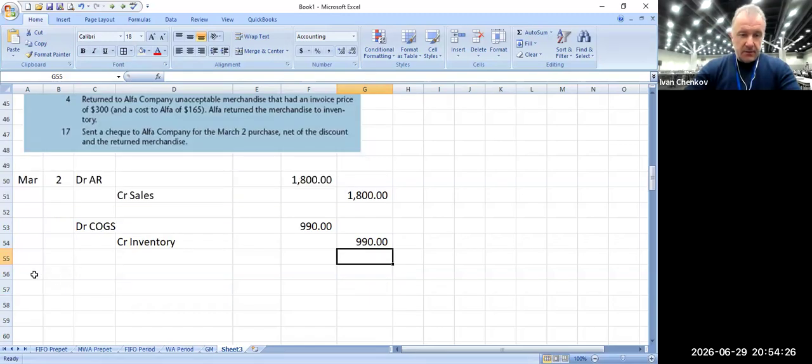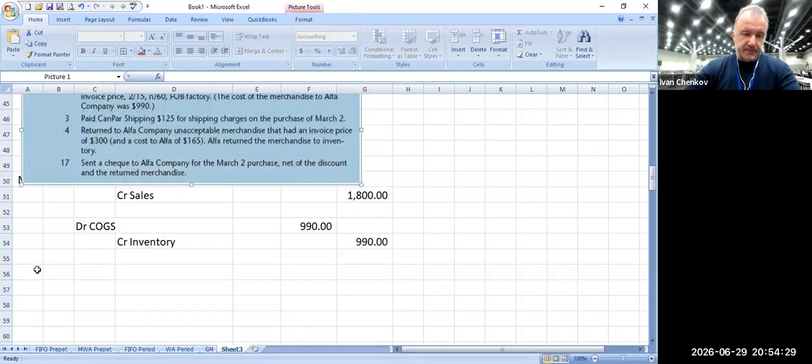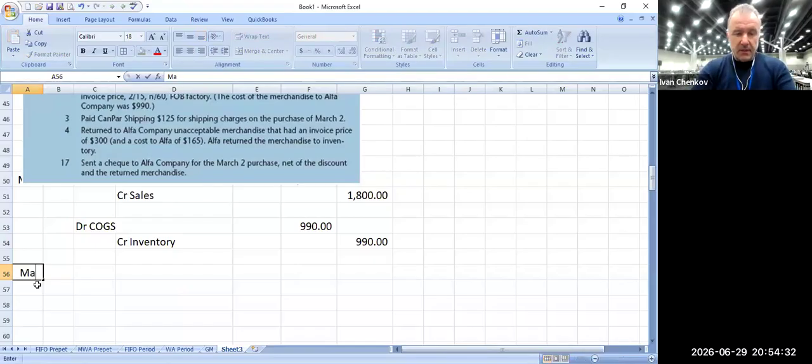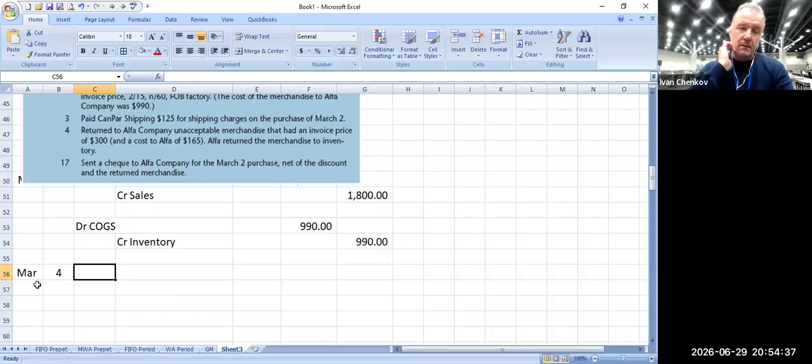Return. Let's go now with the return. The return is going to affect us. That's going to be on March 4th. Now the customer returned the items back to us. Since he returned the items, obviously, we're going to give him a sales return, and that's going to reduce our accounts receivable, the money that he's going to pay us, correct?